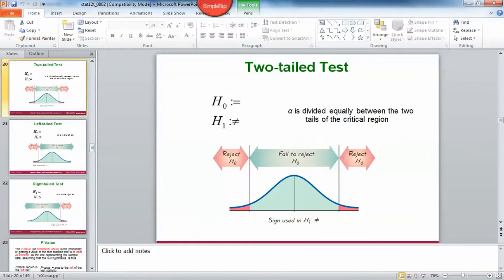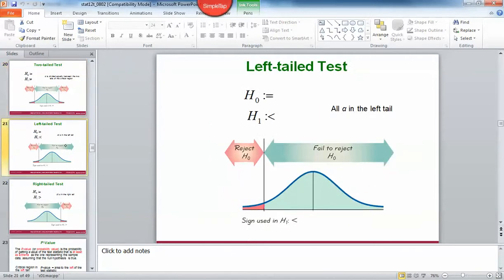Because if you have not equal to in the alternate hypothesis, then your critical region has to be split, the left and the right. So if your alpha is 0.1, then this critical region would have 0.05 and this critical region would have 0.05. But if it's left-tailed and your significance is 0.1, then this region has 0.1 area.